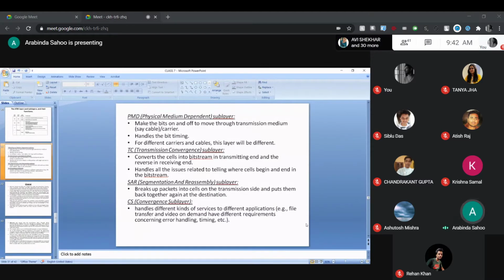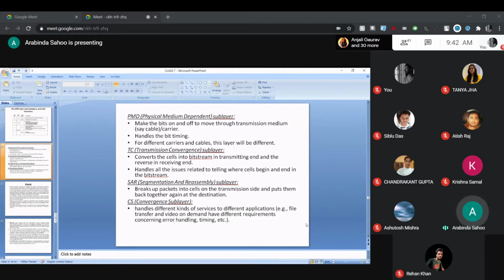It is simple. Break up the packets into cells on the transmission side, transmit them through virtual circuits, and again put all the cells in a string, or reassemble them, to get the original message. So this is the function of the SAR, the segmentation and reassembly sublayer.